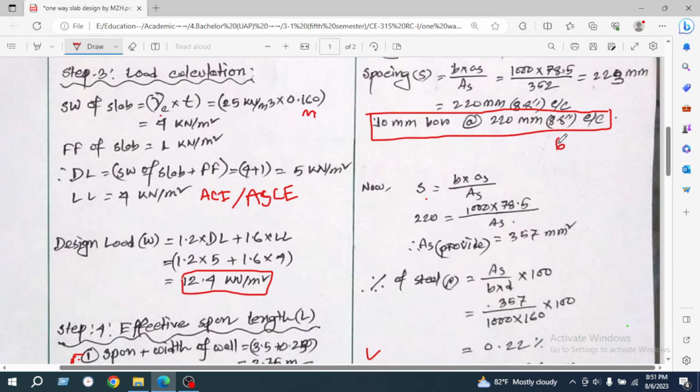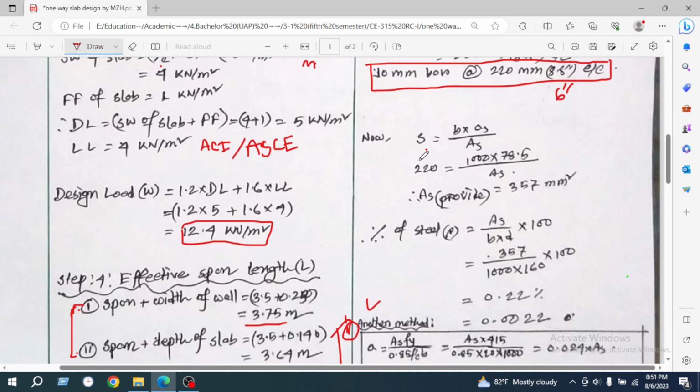We will use 6 inches center by center, staying in the safe zone as a structural engineer, but we find this value of 8.8 inches center by center by calculation. Let's revise the value by providing As equal to b into Ab divided by s, putting spacing, and we get the As value 375.